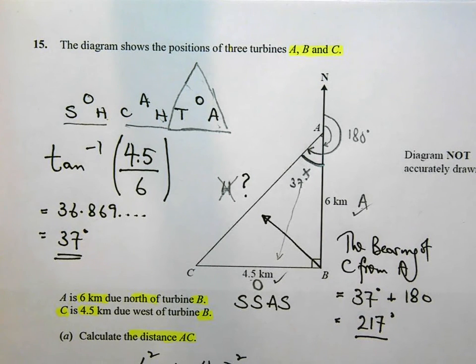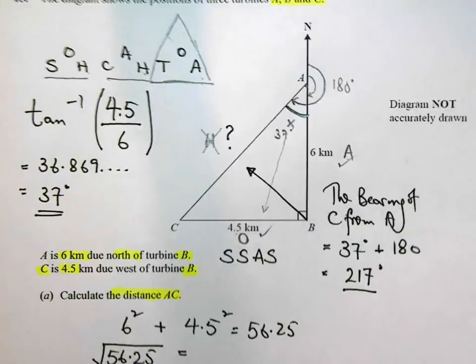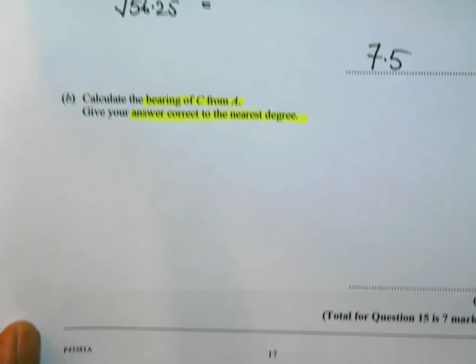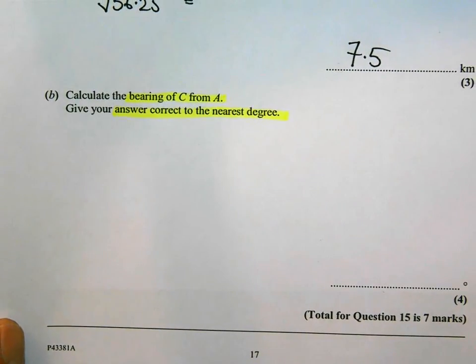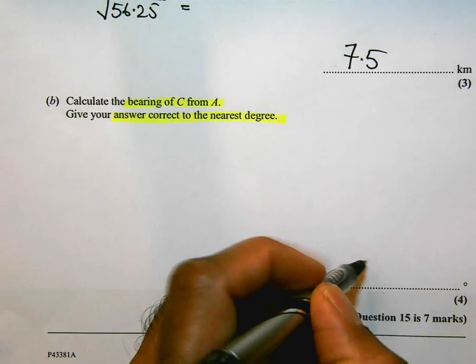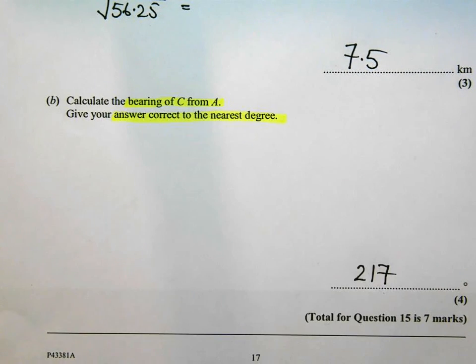I could write that in the answer space below, and if I was doing this in an exam to avoid moving up and down between the two, I would have done all the working in this space, and the answer I would have put here is 217 degrees.